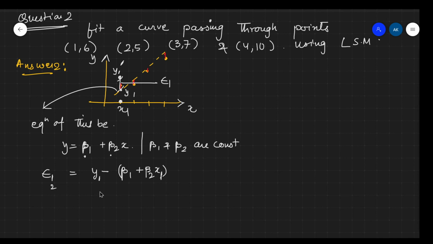If this is 2, this is x2. These two, beta 1 and beta 2, will not change because these are constant throughout. So a better way to write this, as it goes on, is: the ith error is equal to the ith y component minus (beta 1 plus beta 2 times the ith x component).